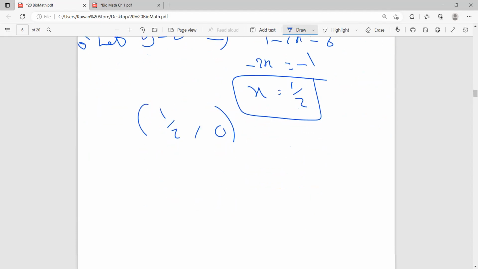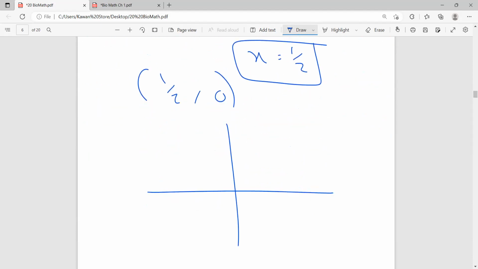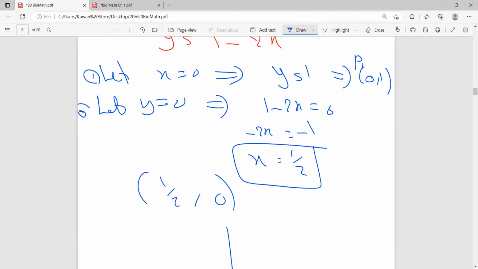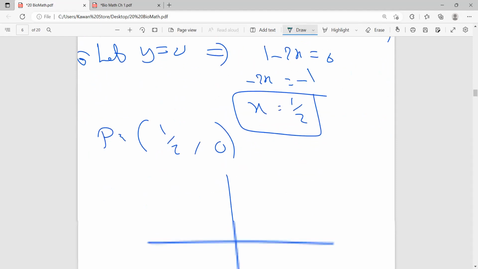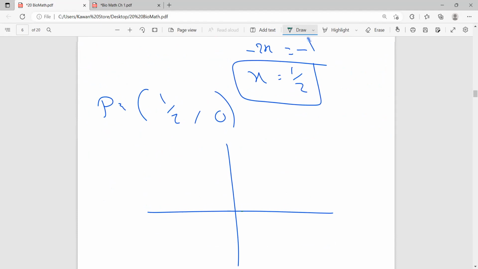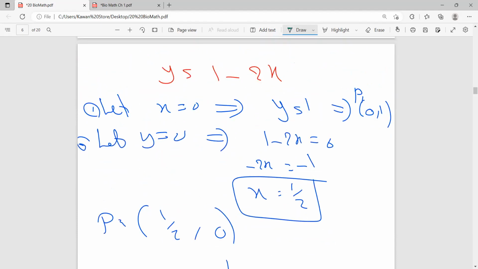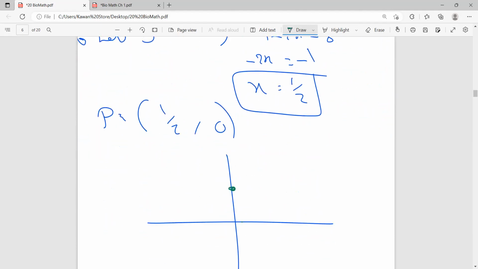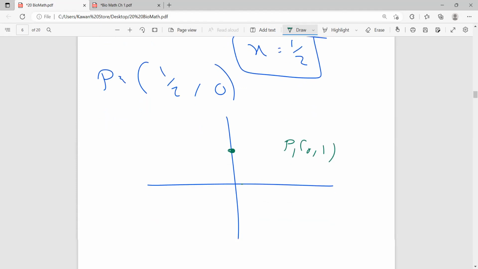So I have 2 points, 0 and 1, and 1 over 2 and 0. I'm going to call them P1 and P2. I'm going to just put them on the axes. Here's the first point, 0 and 1, P1. Where's the second? 1 over 2 and 0. Am I right? I'm 100% sure.